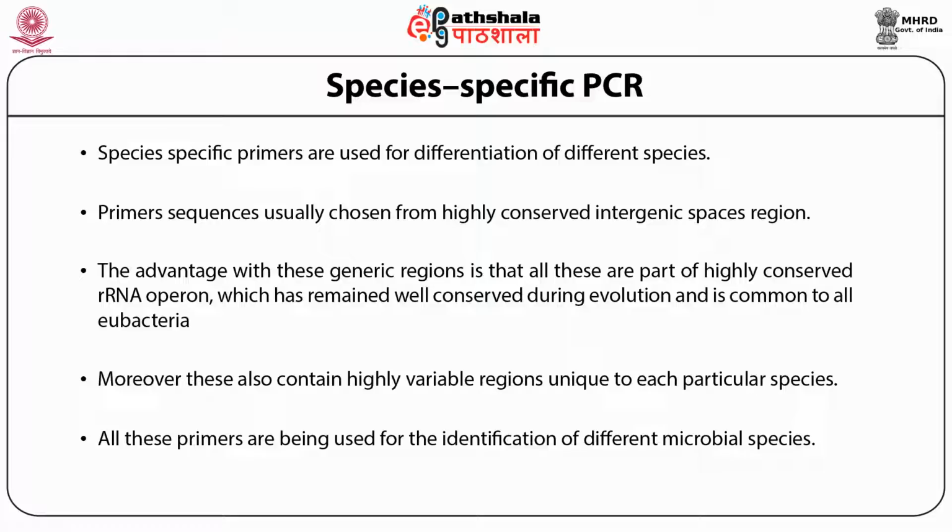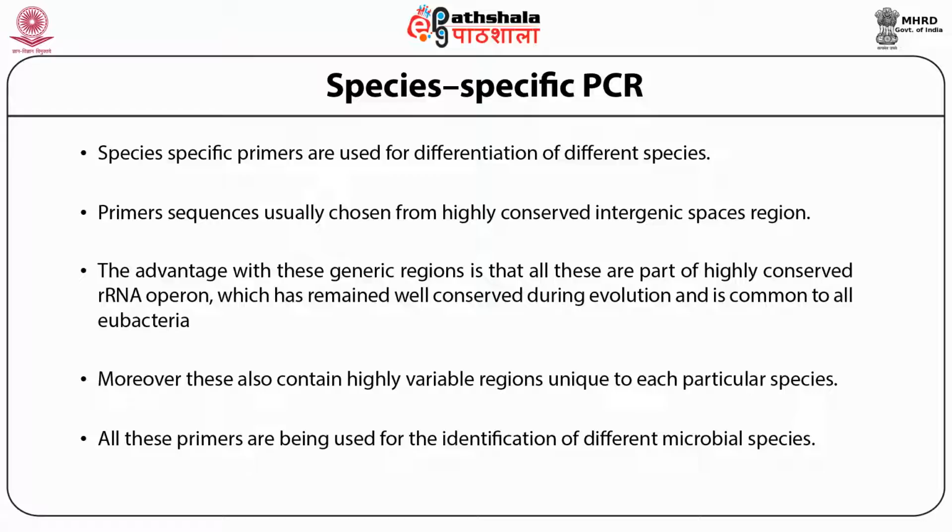Although this is a highly specific technique for species level differentiation, strain typing is not possible through this methodology. We can only identify the species, but we cannot go up to the typing level. That means each nucleotide level we cannot understand.